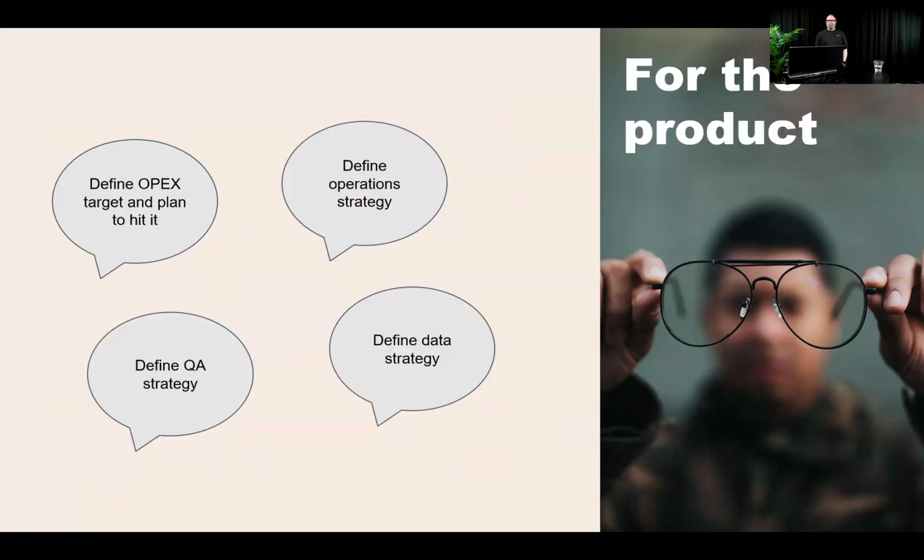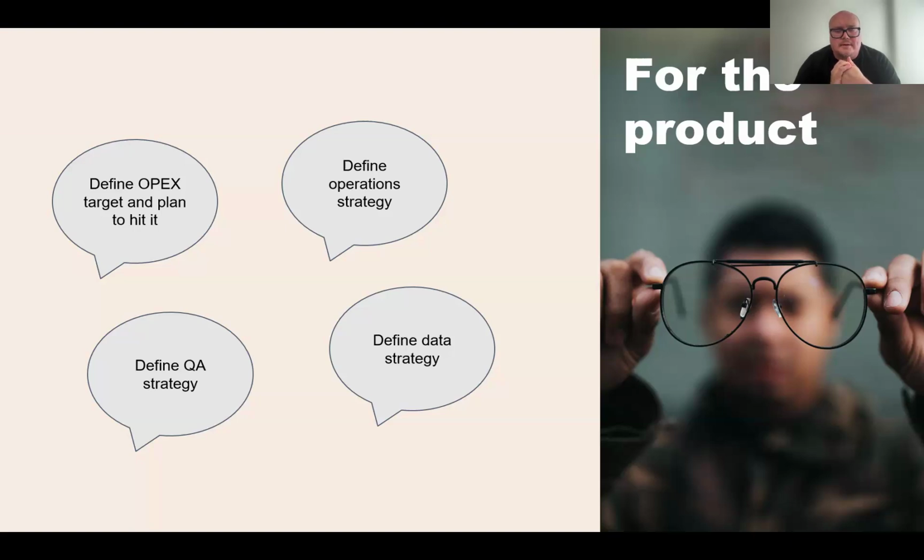And finally, I think I've taken even too much time. Something for the product, what we need to start thinking about, not in a rush or being really urgent, but we need to start defining the operational expenses, the target, and how do we hit it moving forward with the hosting and the cost structure.